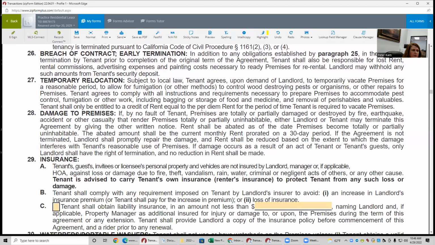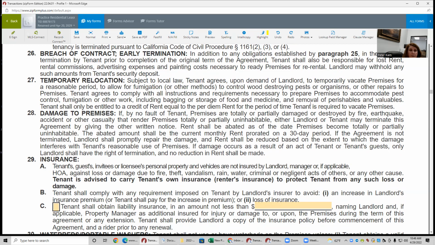So temporary relocation. What would this be for? Maybe like they're saying it could be fumigation. So subject to local law. This is for the landlord to know the local law. We don't have to advise on that, but here is a paragraph on it.